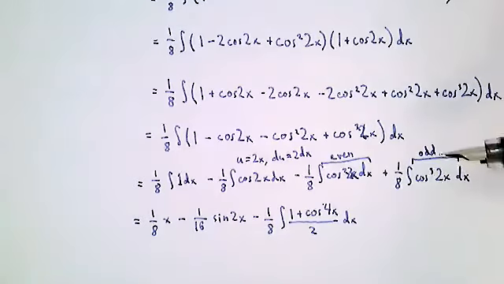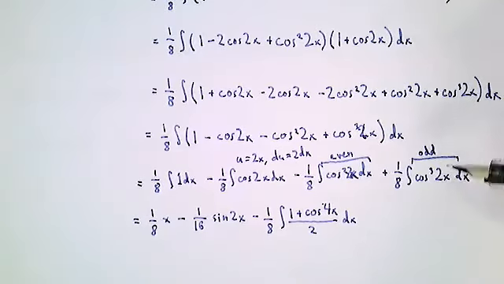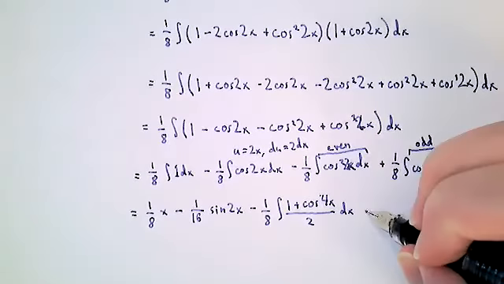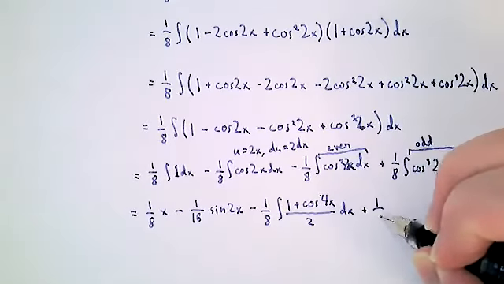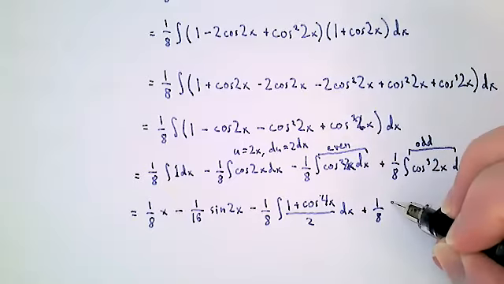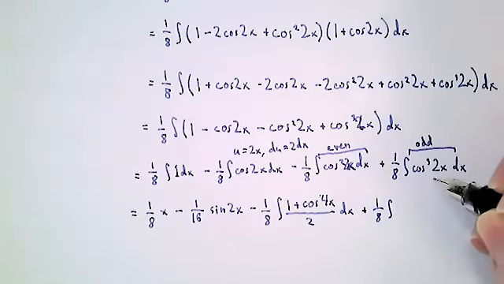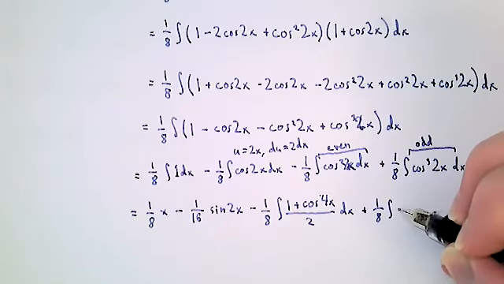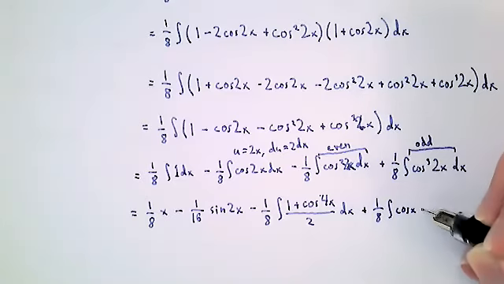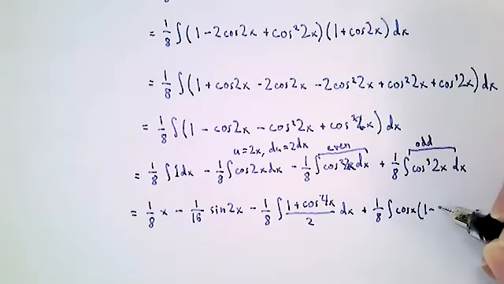Okay, and then this last integral, we have an odd power of cosine. That means we'll have to use our earlier strategy using the Pythagorean theorem. So we'll convert that into cosine times 1 minus sine, 1 minus sine squared, excuse me.